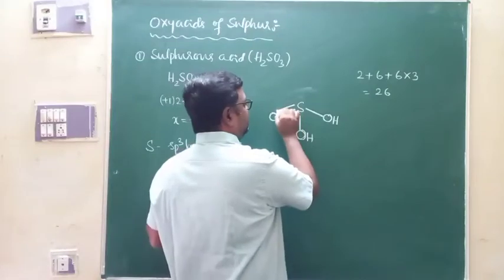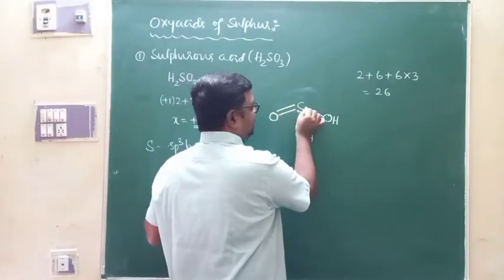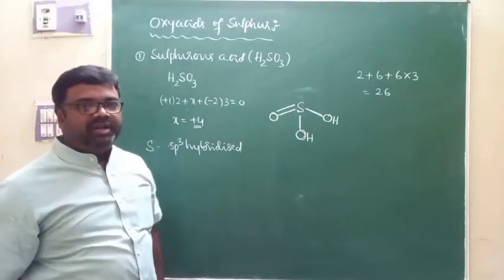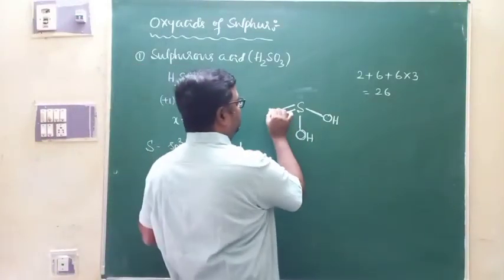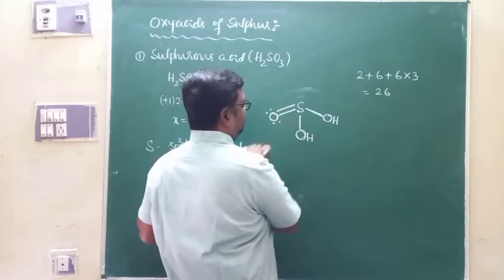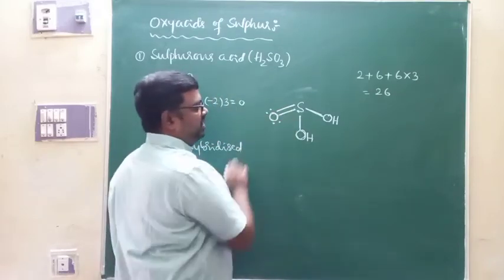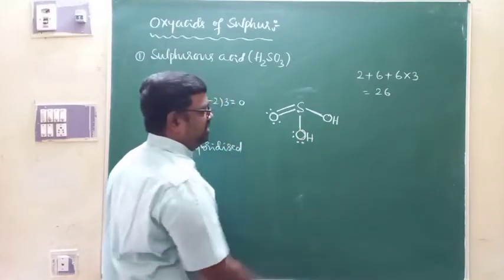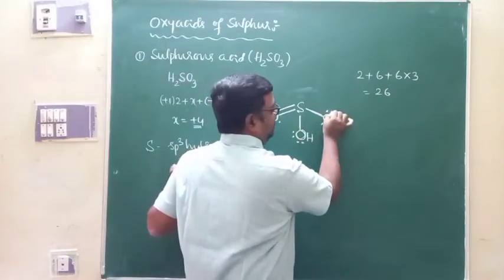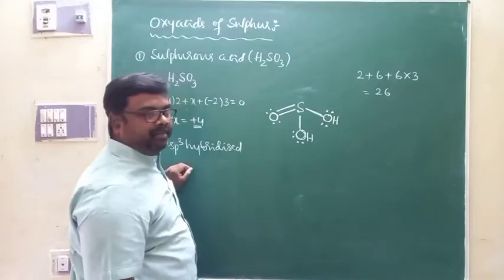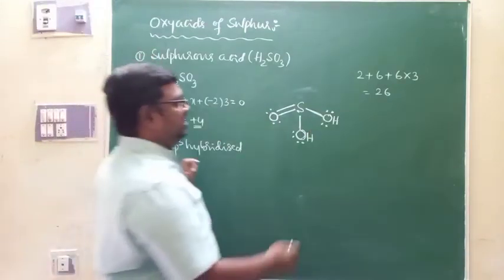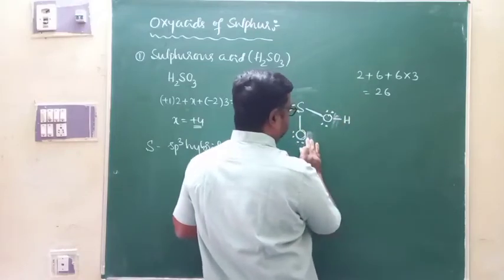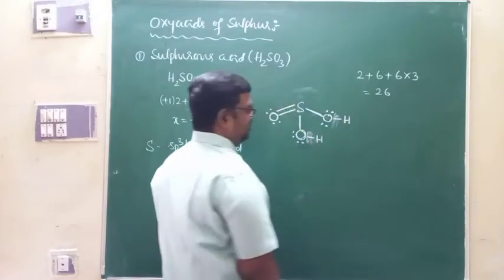Out of 26, 4 valence electrons here, 2 here, 2 here, 8 electrons are involved in bonding. To satisfy the octet configuration, oxygen will have 4 more electrons. Satisfying the octet configuration here, and here also, let's see what happens. Here also we have 2 more electrons.